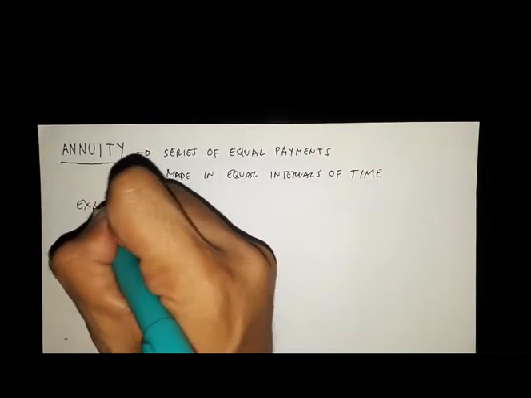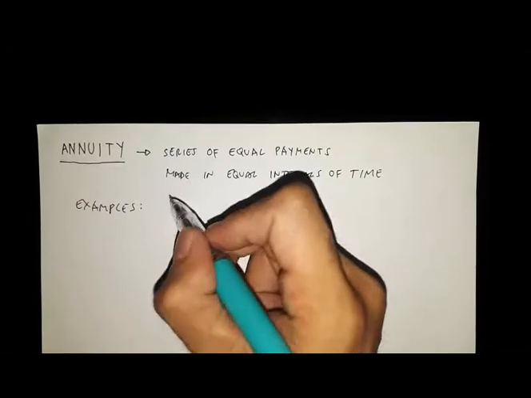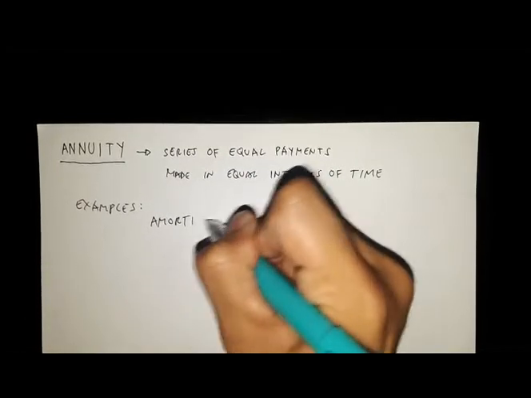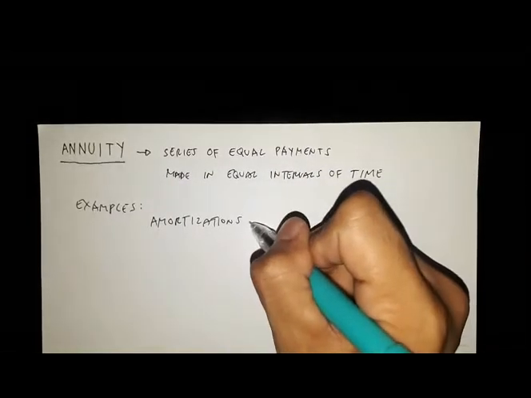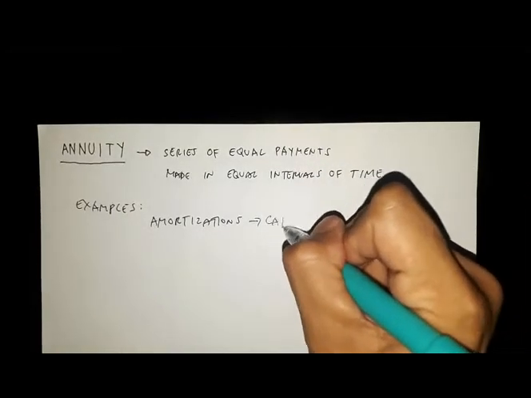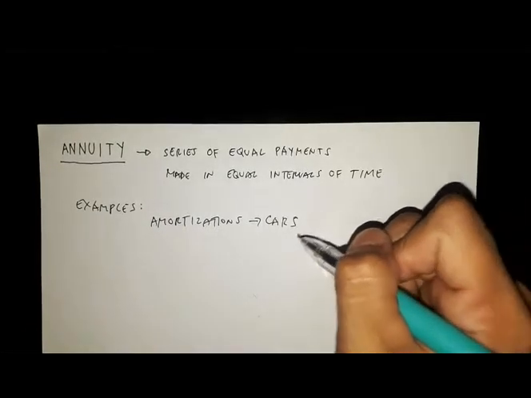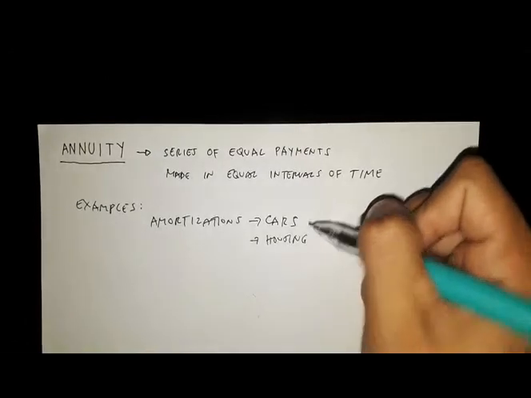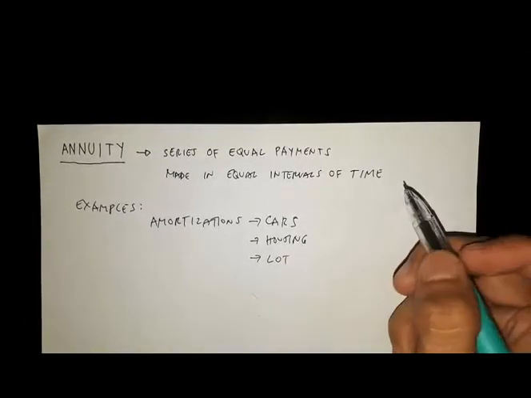Examples of annuity are amortizations, like for cars, for housing, for lot, and many more.